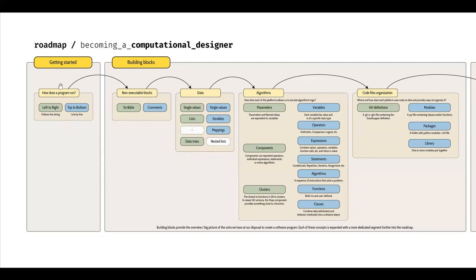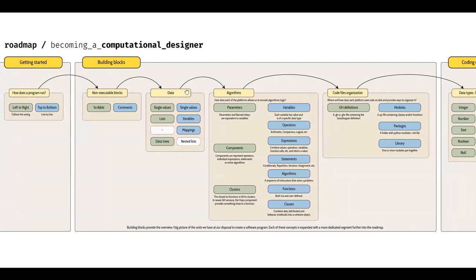The first difference that we see is that a Grasshopper program, like a visual program, is run from left to right following the wiring, while a Python program is run from top to bottom, line by line.